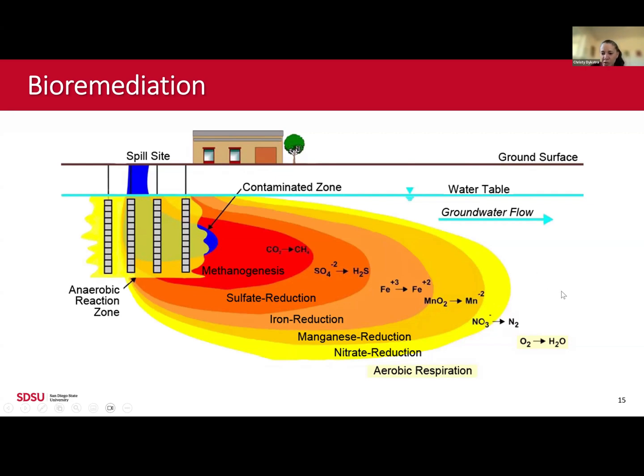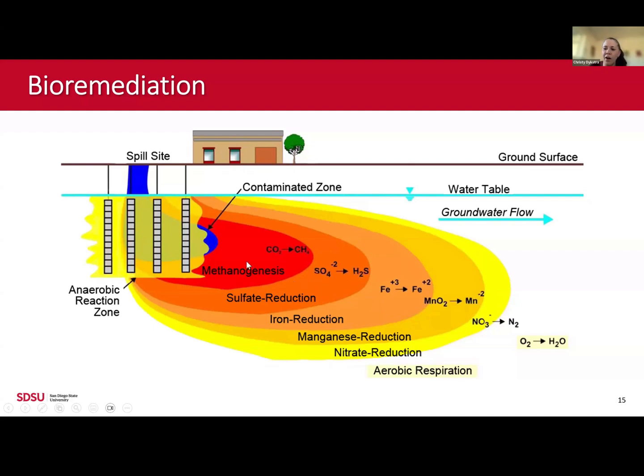Then as the plume keeps moving, we enter into this manganese reduction area. So we might have manganese being reduced. And then when we run out of manganese, we might have iron reduction occurring. And when we've run out of that, we'll have sulfate reduction occurring.